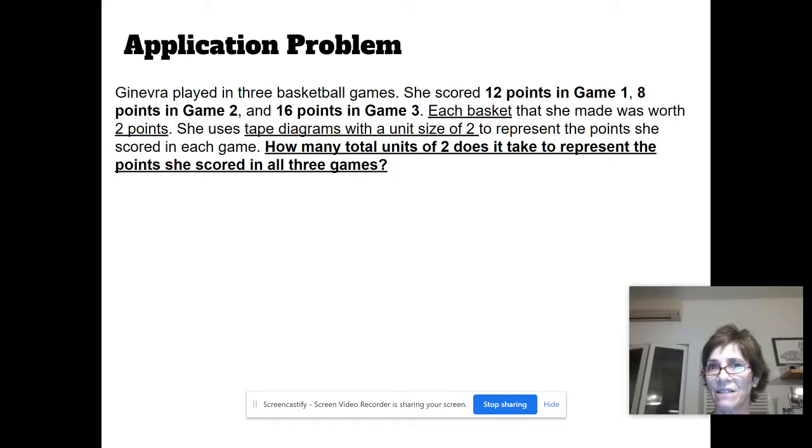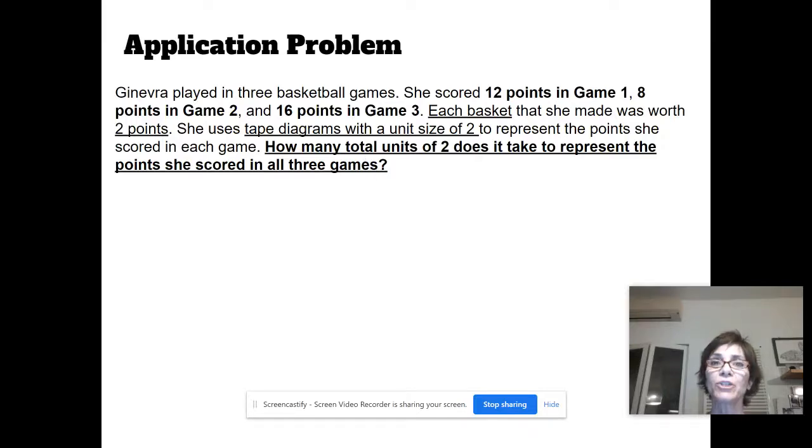Each basket that she made was worth 2 points. Okay, so she uses tape diagrams with a unit size of 2. Since each basket is worth 2 points, each unit of the tape diagram is worth 2, to represent the points she scored in each game.